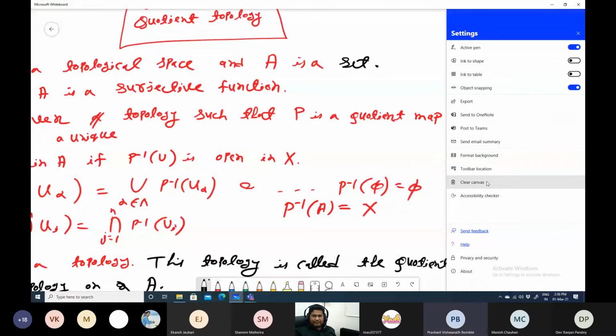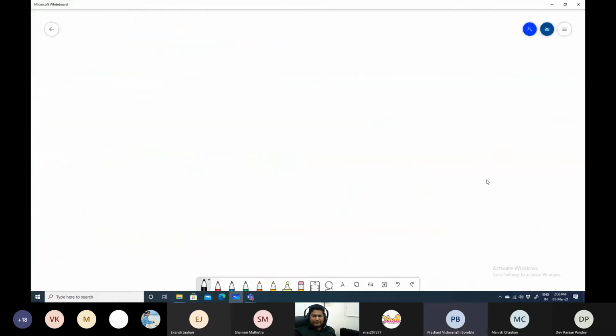Sir, what is the guarantee that this quotient topology is unique? That is a good question. That is actually by the construction, because you are taking only those open sets. You are considering all the open sets such that P inverse U is open. Whenever you have open U, then P inverse U is open. Then those are all the possible collections of open sets.